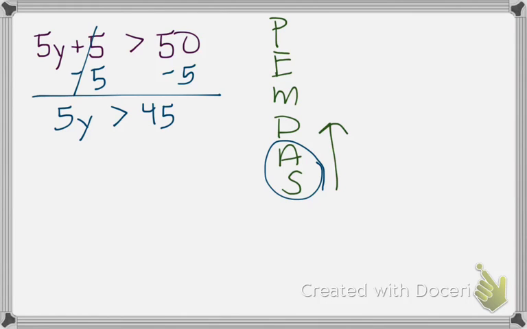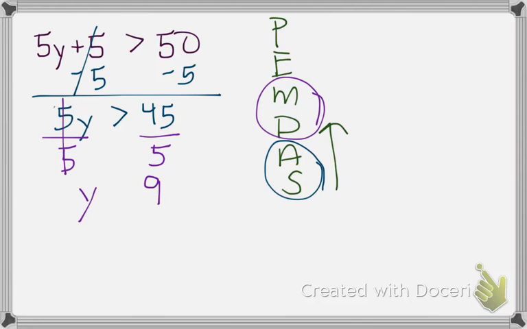So then what's my next step? My next step is to undo multiplication and division. Now this is 5 times y. How do I undo multiplication? I undo it through division. So let's divide by 5 on both sides. 5 divided by 5 is 1, so y comes down. Now 45 divided by 5 is going to be 9.